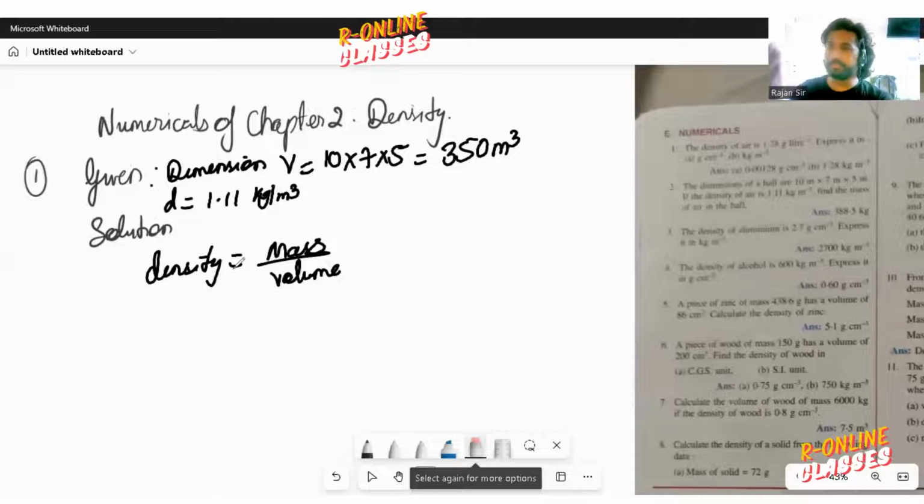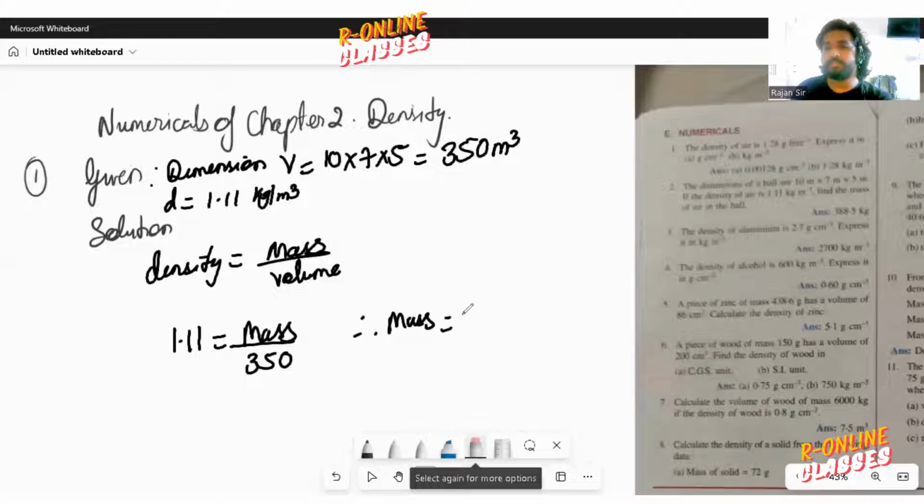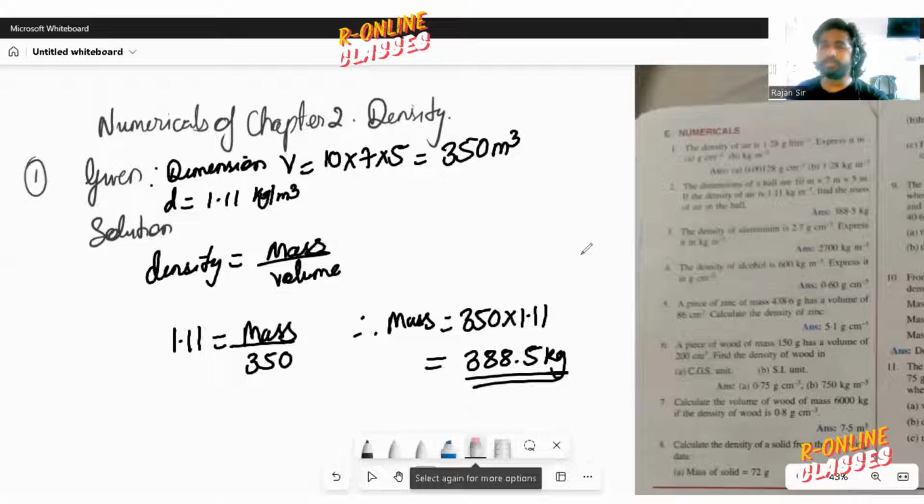We understand air covers the whole volume. So we have 1.11 equal to mass upon 350. So we multiply this, we get mass is equal to 350 into 1.11. When you multiply this, you get 388.5 kg. You can multiply easily at the right side.